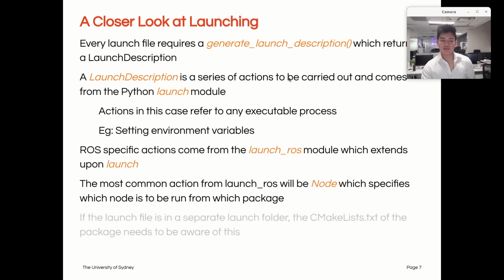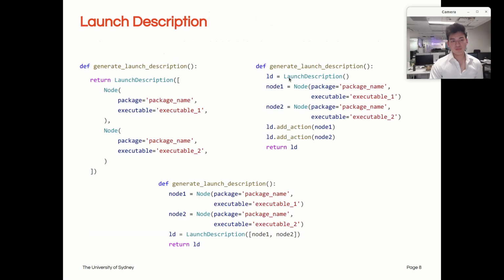This is what we just did before. As you can see, there are many different ways to write a launch file. In front of you, there are three different ways, but if you look at it closely, they all kind of just do the same thing. There's always a function which is generate_launch_description.